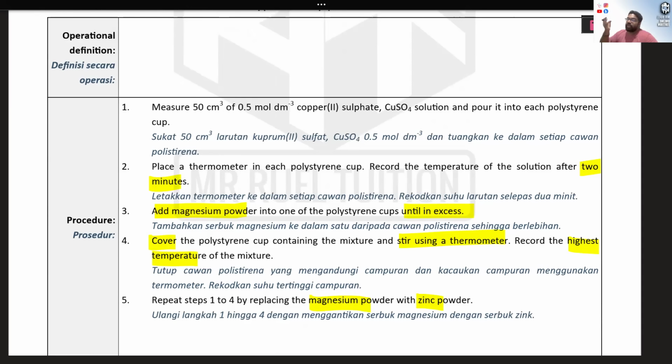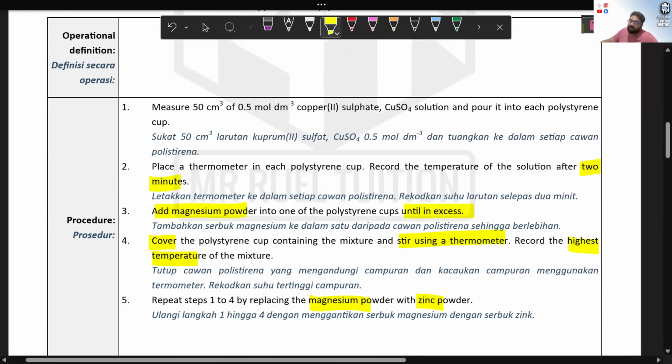What are we actually measuring or observing for the responding variable? Okay, so basically we are getting the highest temperature. That's what we are actually measuring for the responding variable.